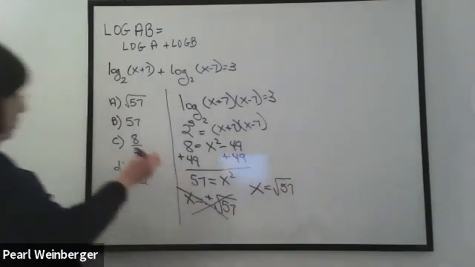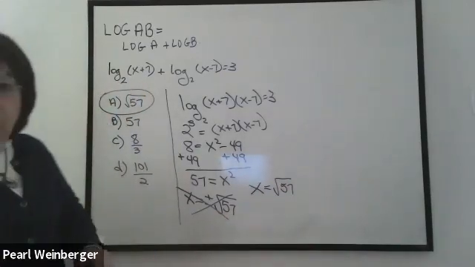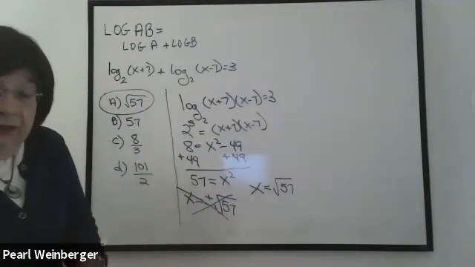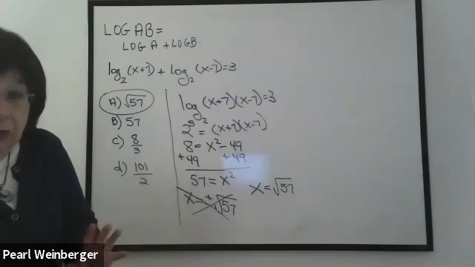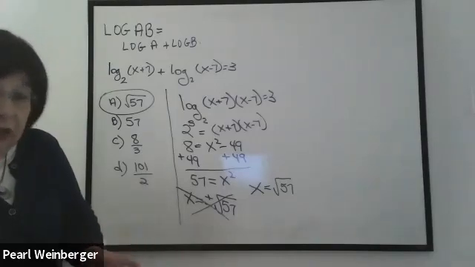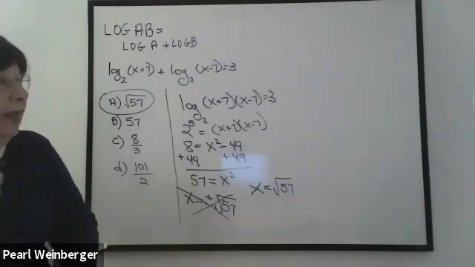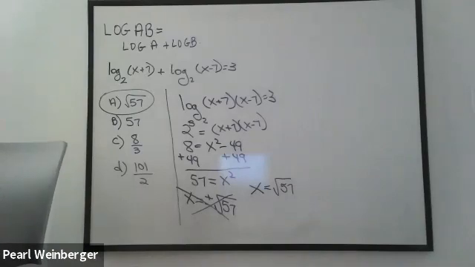And actually that happens to be choice number A. So it's a matter of contracting your equation back to a single log, changing it from the log format to the exponential format, and then solving the equation. Now let's do one more like this.